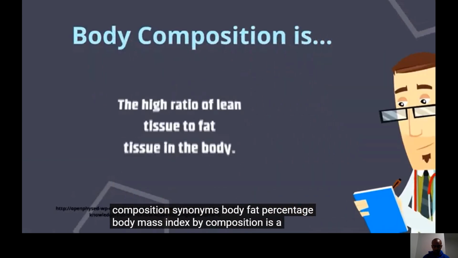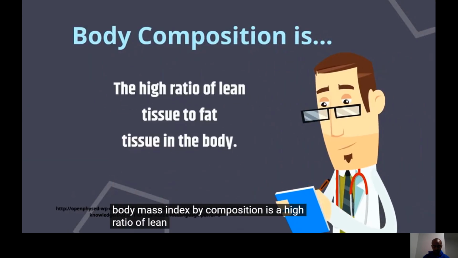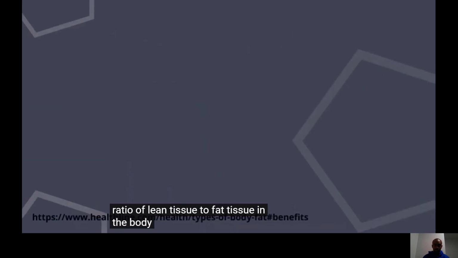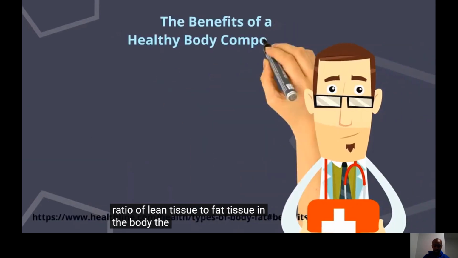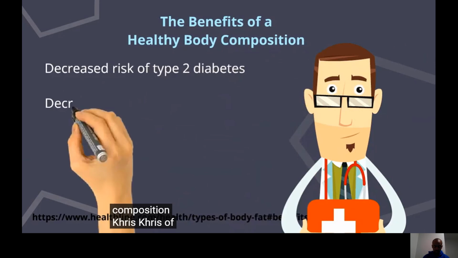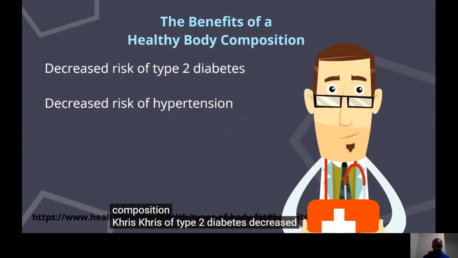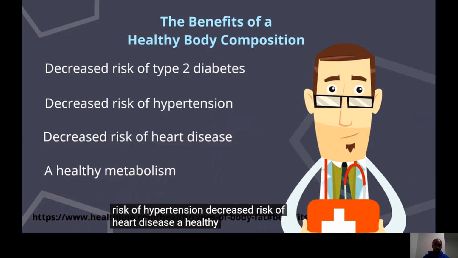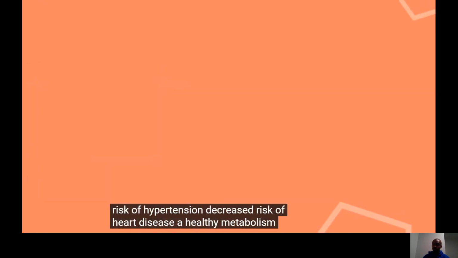Body composition is the high ratio of lean tissue to fat tissue in the body. The benefits of a healthy body composition: decreased risk of type 2 diabetes, decreased risk of hypertension, decreased risk of heart disease, a healthy metabolism.